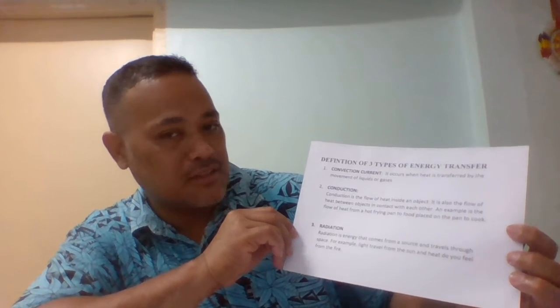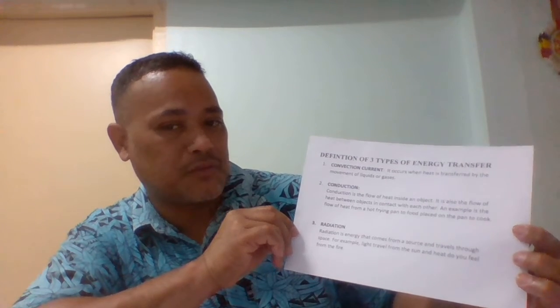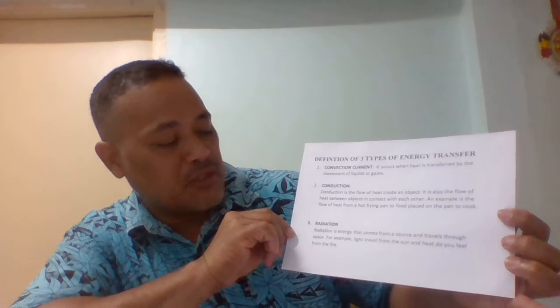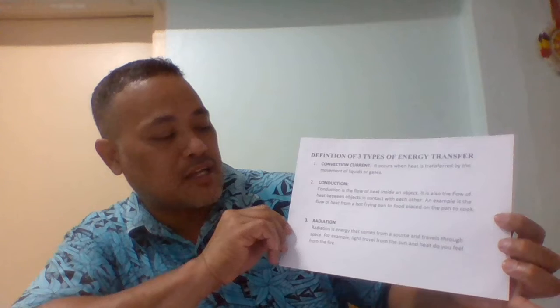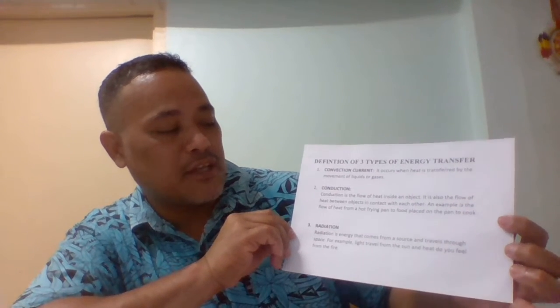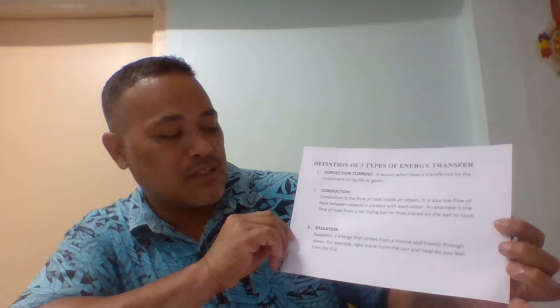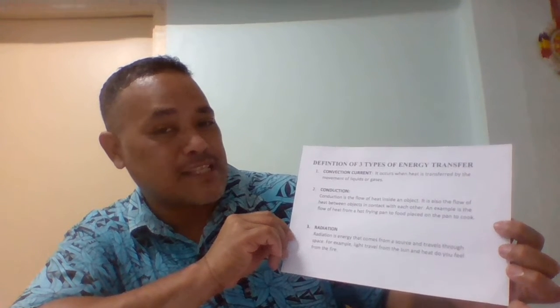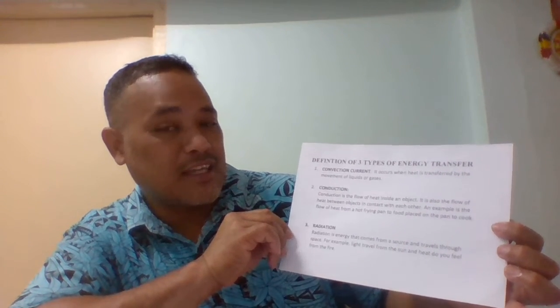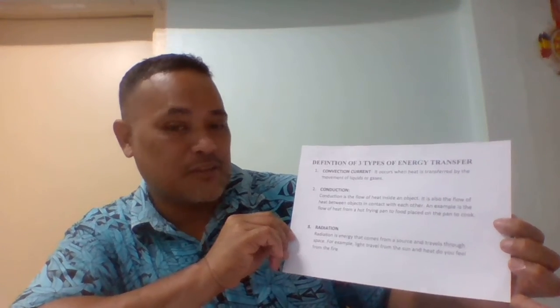And the next one is radiation. The definition that I think is suitable for class 5 is, radiation is energy that comes from a source and travels through space. For example, light travels from the sun, and the heat you feel from the fire.